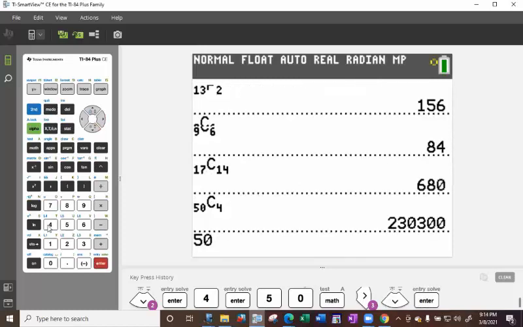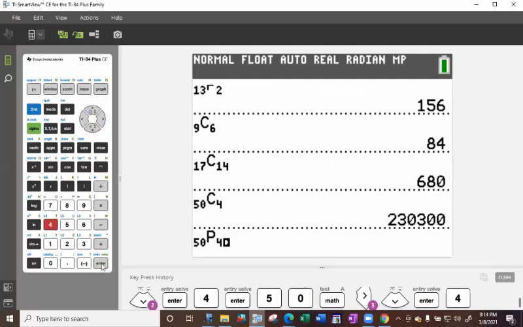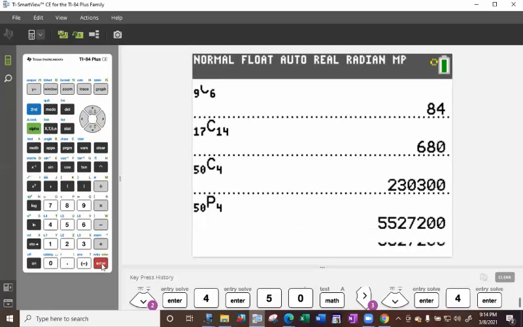But the one with the C is going to be the right answer. It gets more extreme with choosing more numbers, but still only 4 is not that bad. So it's 230,300.